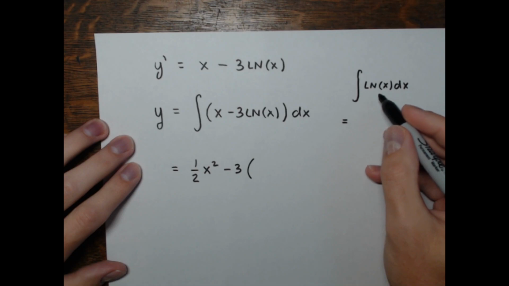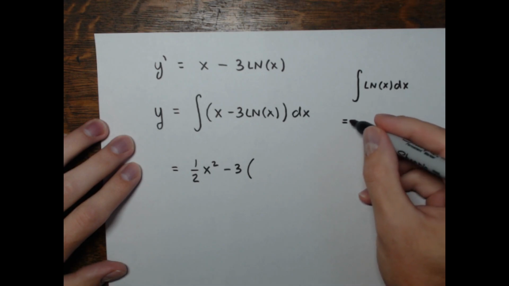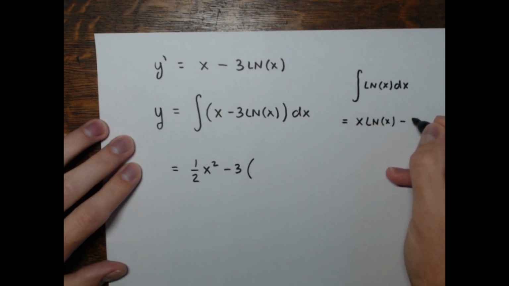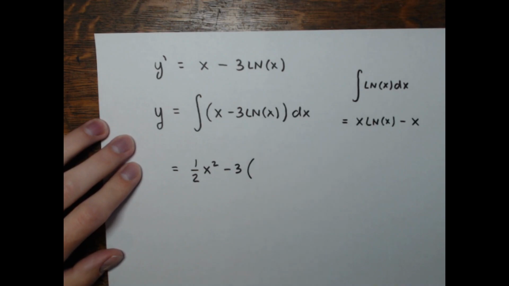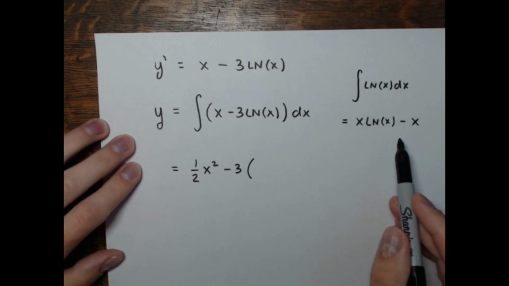Select a u, have u be the natural log, and dv be just plain old dx here. And then go through the integration by parts. It ends up being this, x times the natural log of x, and then minus x. Okay, so I'm just going to use that. We're not going to do the parts over and over again here.